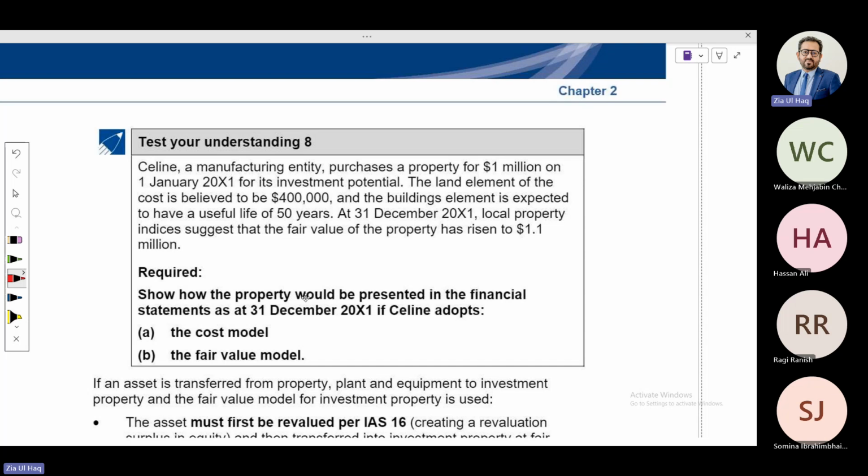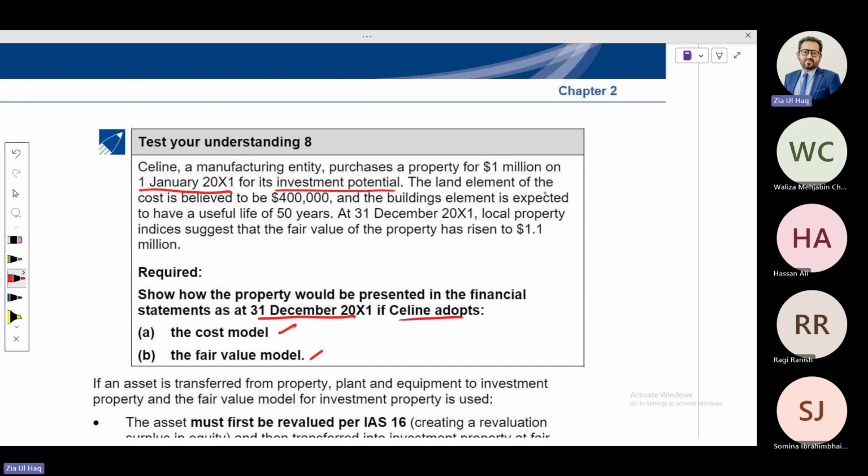So how would the property be presented in the financial statements as at 31st December if a company adopts a cost model or fair value model? Using both models separately, you need to provide how this should be accounted for. A manufacturing entity purchased a property for 1 million on 1st January 20x1 for its investment potential.